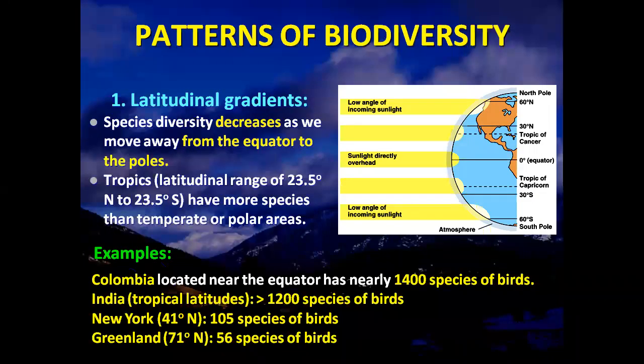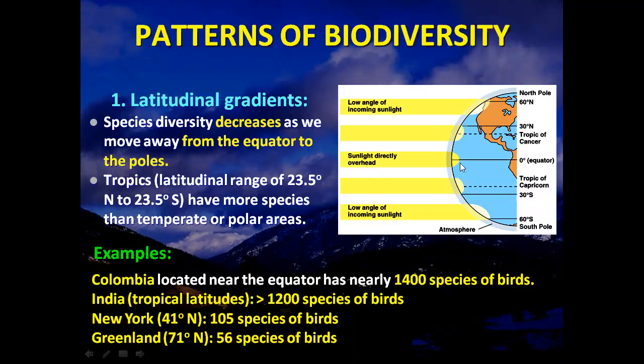So let's get into the topic here, a more productive area to get questions. Latitudinal gradients, patterns of biodiversity. The first one is the latitudinal gradient. Species diversity decreases as we move away from the equator to the pole.